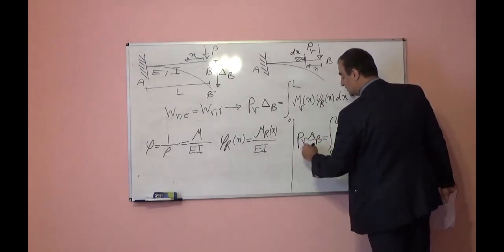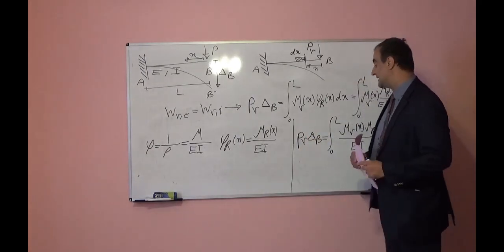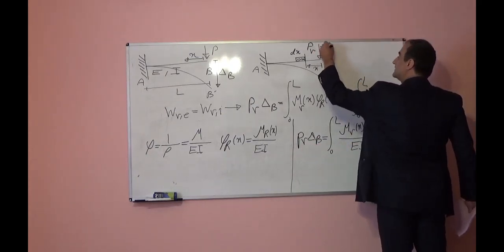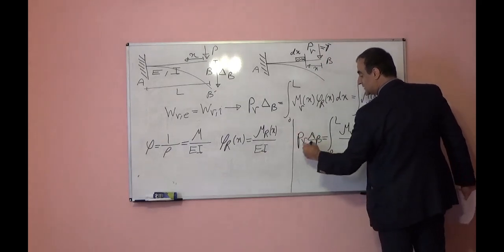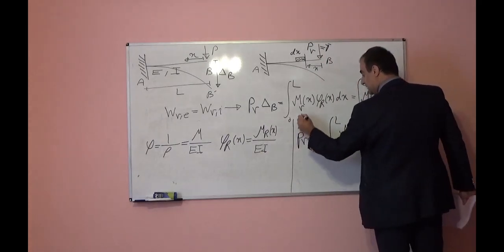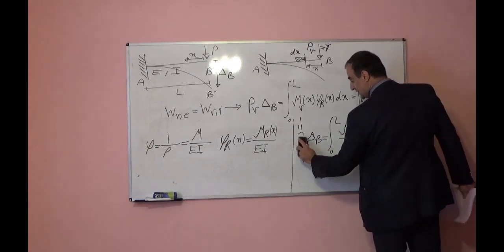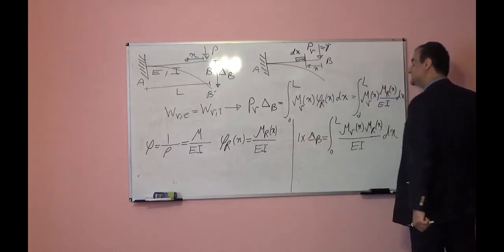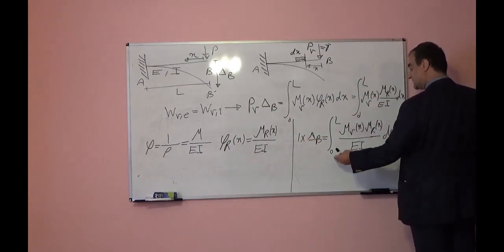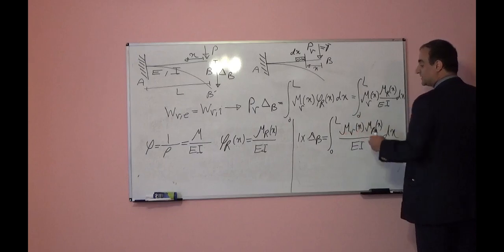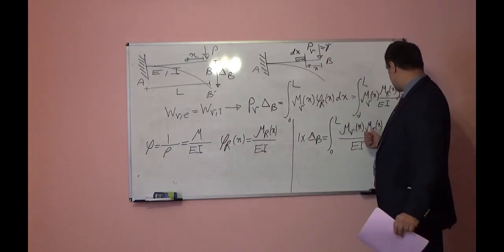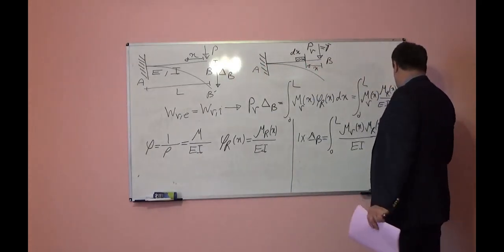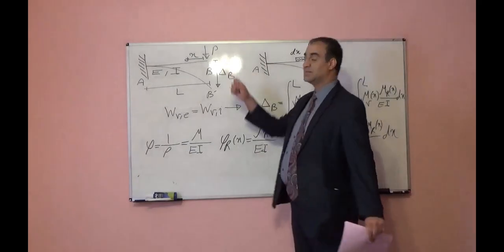If I assume this virtual external load is equal to unit load, I show with 1, I can remove PV because it is 1. 1 times delta B means delta B is equal to integration from 0 to L of the moment because of this virtual or unit load times the moment because of the real load divided by EI times dx should give us delta B.